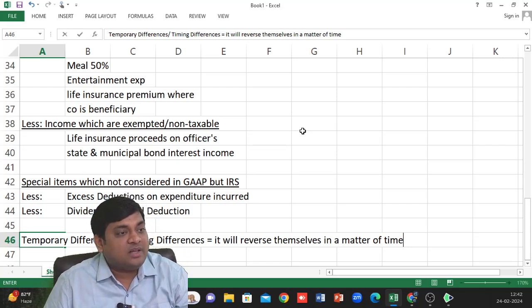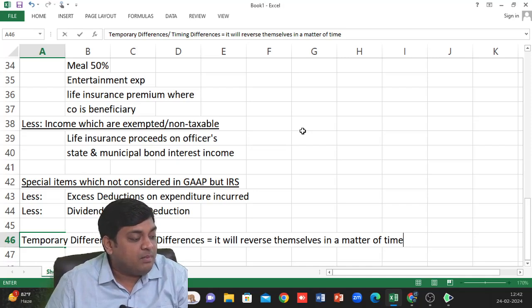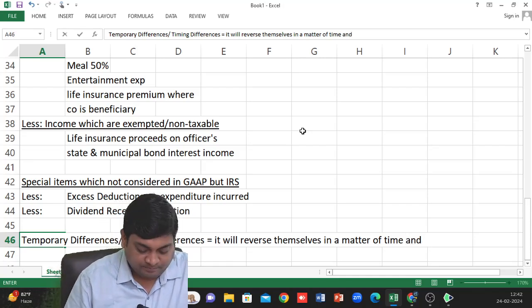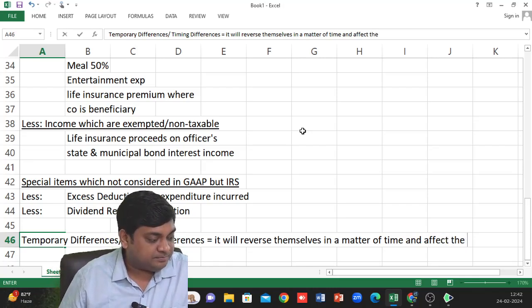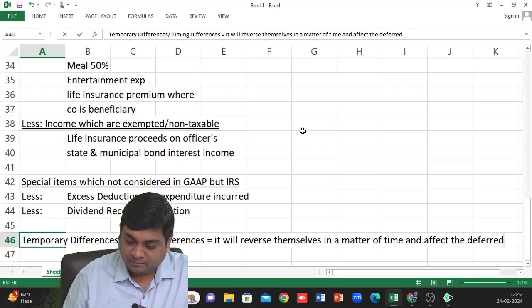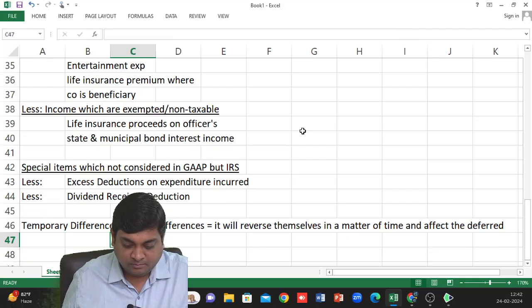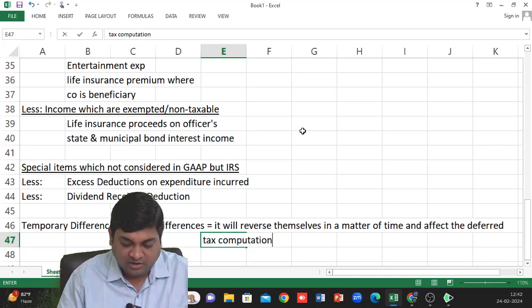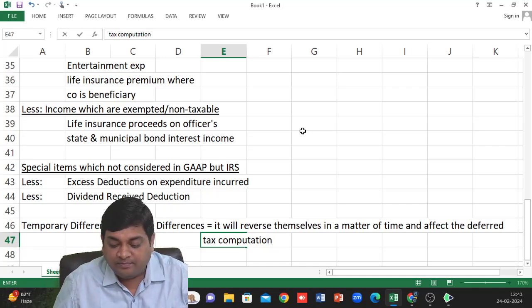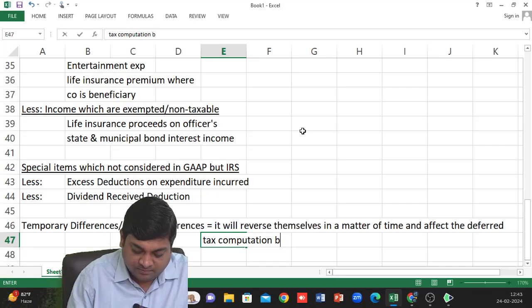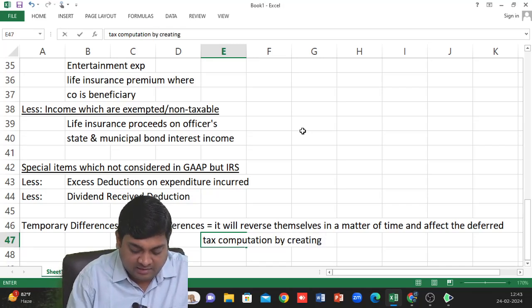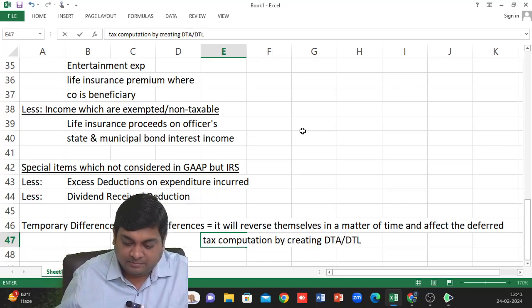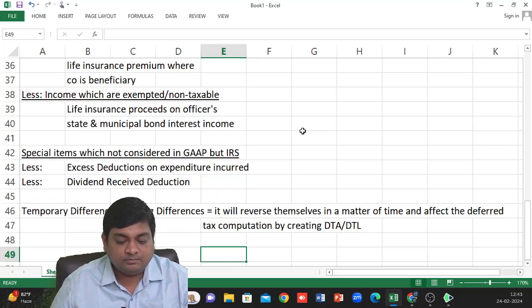It will reverse themselves in a matter of time, and affect the deferred tax computation by creating DTA or DTL.